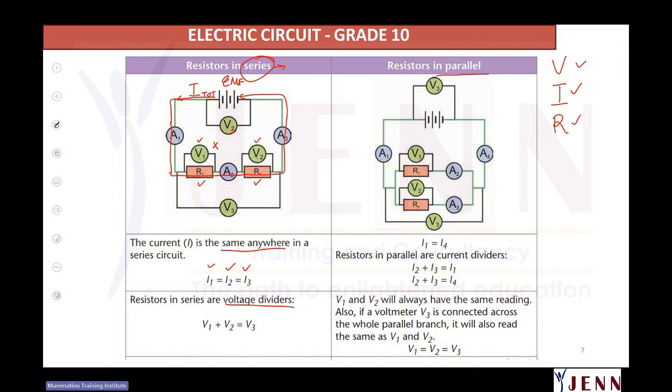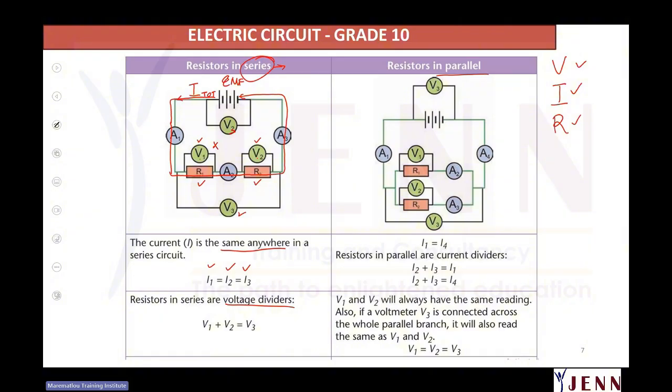So they will be equal; their potential difference is the sum. So potential difference is divided on a series connection, but current remains the same.